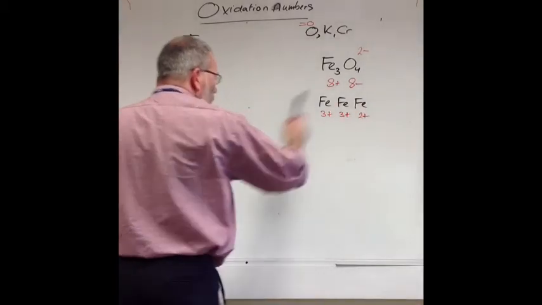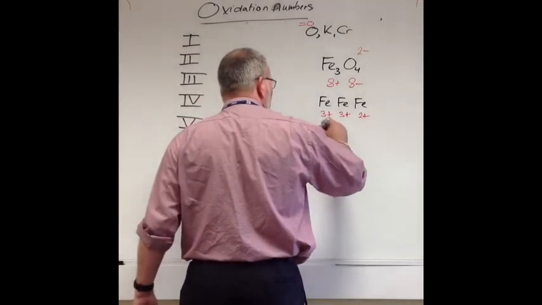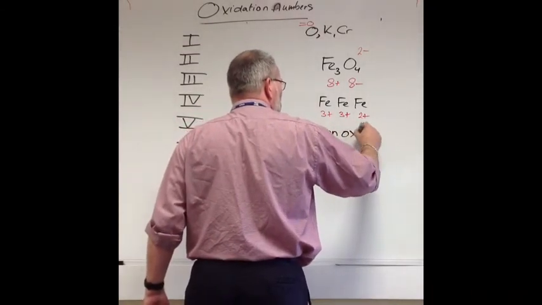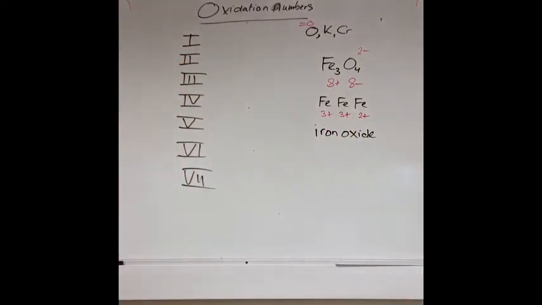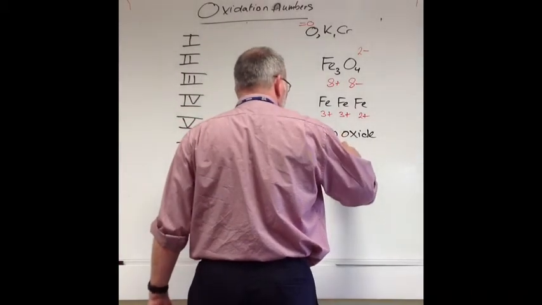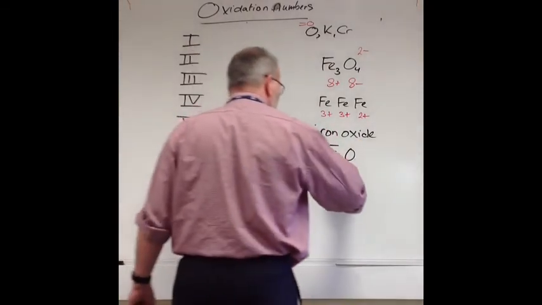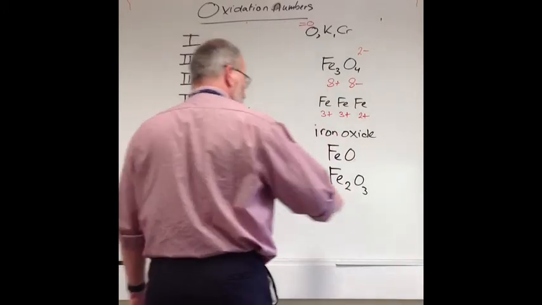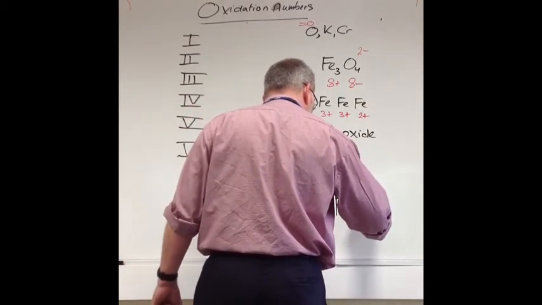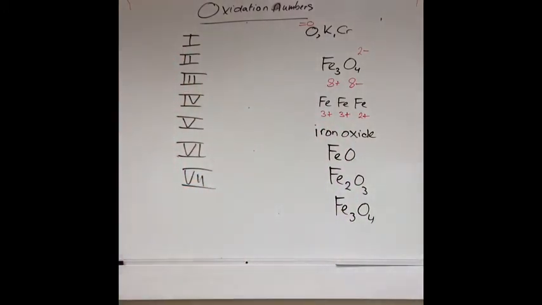So how would I write down that iron oxide? I can call it iron oxide. But there are so many iron oxides. Let's write down an iron oxide, FeO. Fe2O3. Fe3O4. They're all called iron oxide.